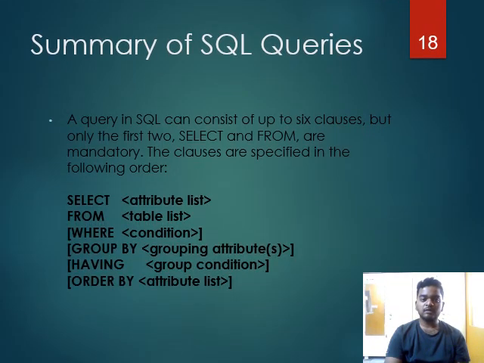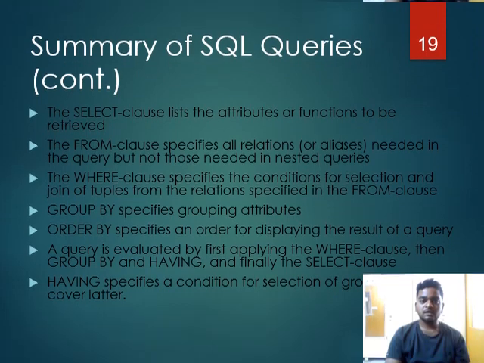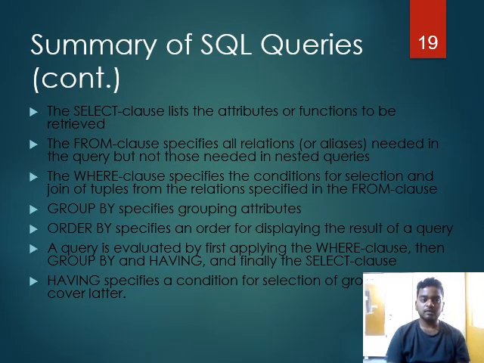Summary of SQL queries. An SQL query consists of six clauses, but only the first two, select and from, are mandatory. The select clause lists the attributes or functions to be retrieved. The from clause specifies all the relations needed in the query, but not those needed in nested queries.